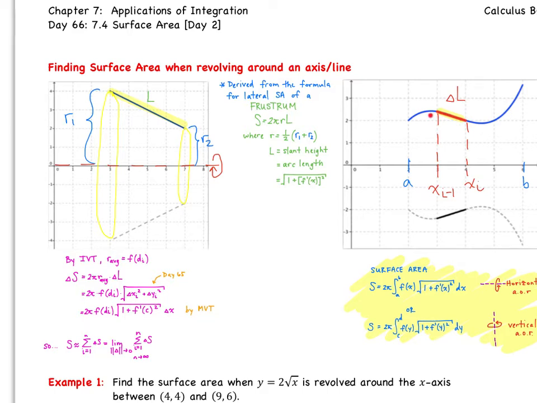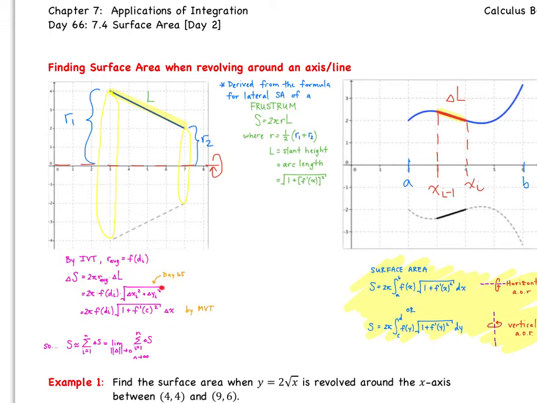If we take a look at the diagram on the right, this is our delta L on some interval, and this interval is going to become so tiny as we add up all of these pieces while rotating around. Going back over here, our average is really that f of d_i, and delta L, remember from yesterday's video, is that distance formula, the square root of delta x_i squared plus delta y_i squared.